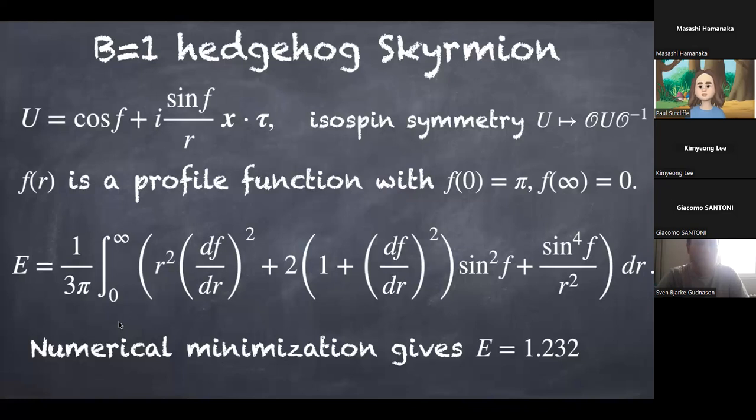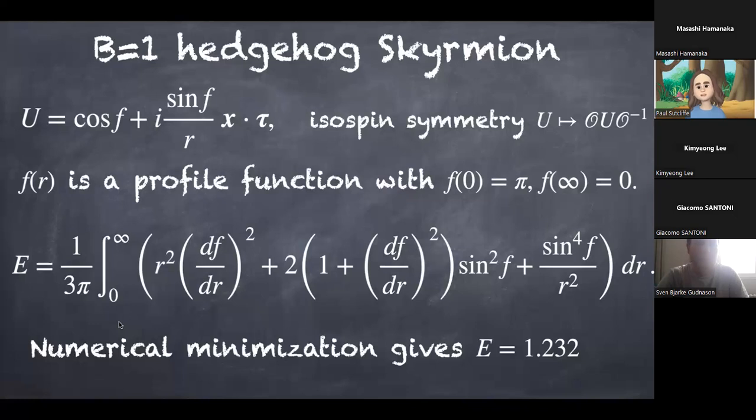So given that ansatz for B equals 1, the thing that you need to find is this real function that just depends on the radius. So this f of r profile function. That's telling you how quickly you approach the vacuum as you move away from the center of the skyrmion.